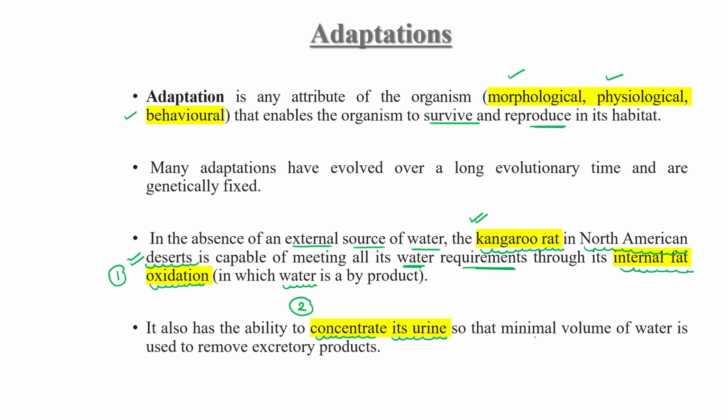Its urine is highly concentrated, and very little water is present in it. So by utilizing its own metabolic pathway, internal fat oxidation, the body water requirement of this kangaroo rat is met by utilizing this byproduct water, and concentration of urine is another adaptation.